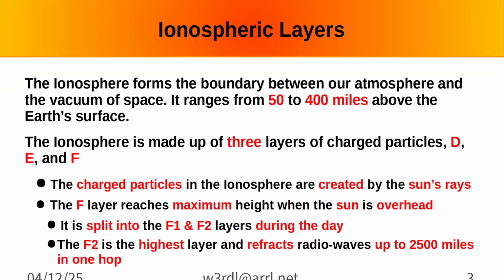But the D layer doesn't do anything good. It absorbs signals. So that's a case where the solar radiation doesn't help us, because it goes away at night. Therefore, you can use those low frequencies, which would have been absorbed. So with the F layer, or the F2 layer during the daytime, you can get up to around 2,500 mile hops.